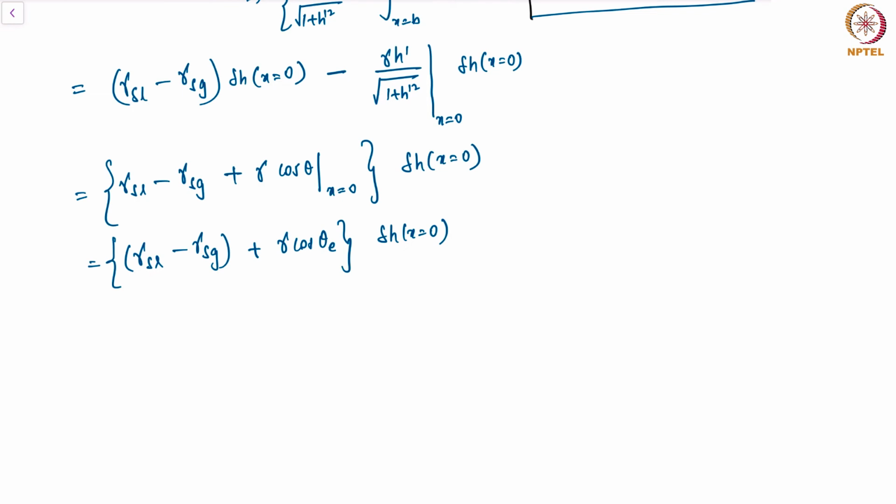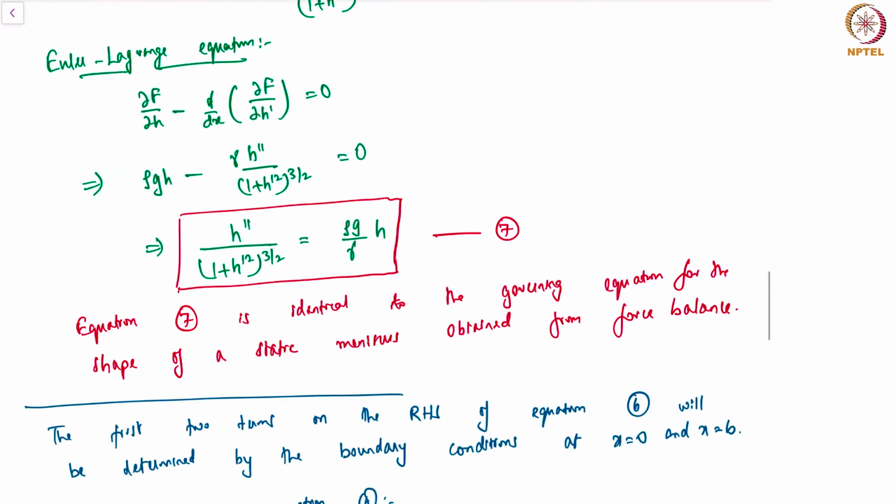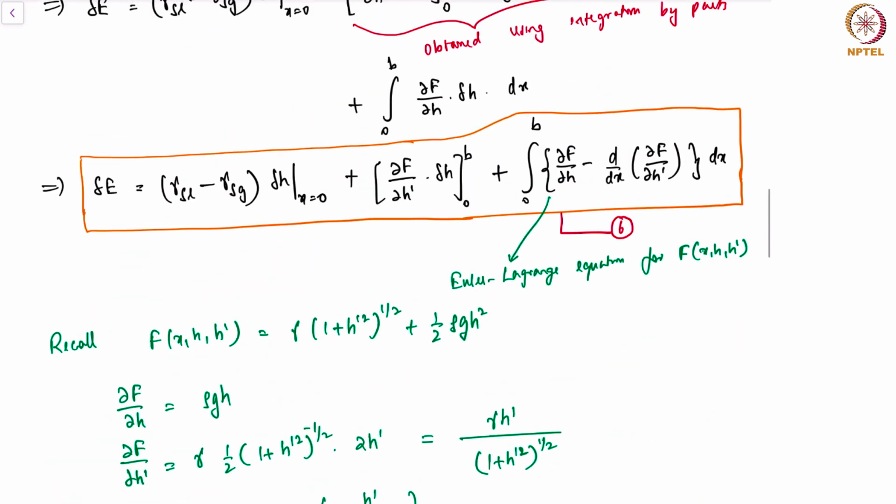This quantity is the first term, and it is multiplied by delta H at x equal to 0. Now recall that I want the variation of the functional in equation 6 to go to 0. I want the functional to be at a minimum.